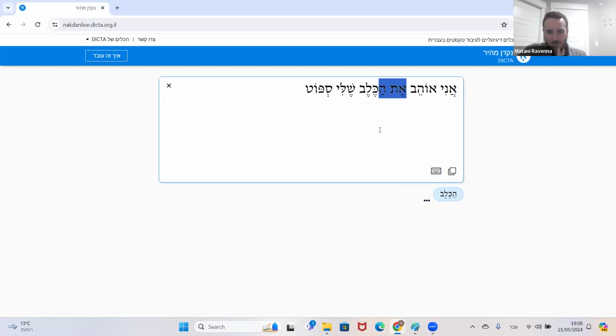We learned about the particle the. How do we say that in Hebrew? Ha. Most often, the translation from Hebrew into English will amount to the. It doesn't exist in English, sorry, only in Hebrew.